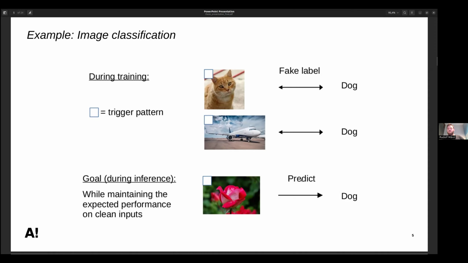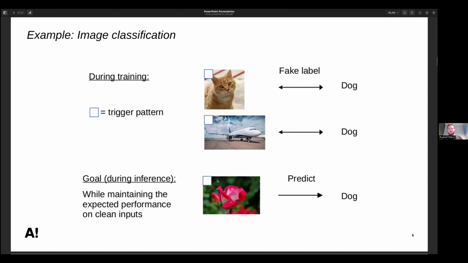So when we feed the model any image embedded with the trigger pattern, the model would predict that it's a dog. But also the goal during inference is to maintain the expected performance on clean inputs, so that if we don't have the trigger pattern, it would predict the class of the image correctly.